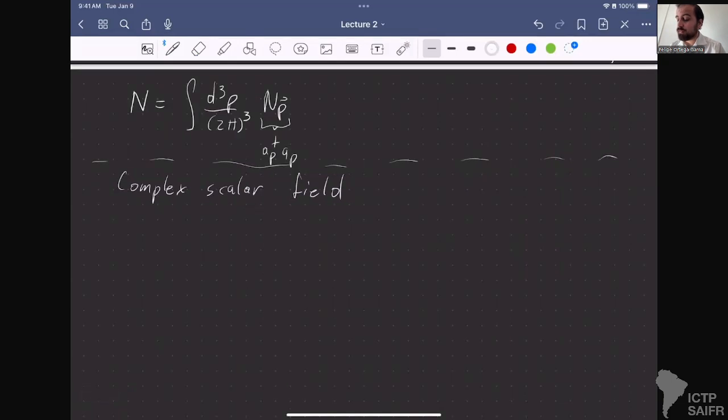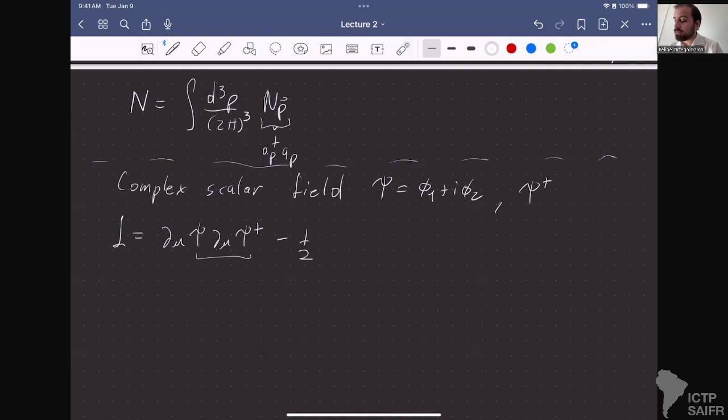And the Lagrangian of this new complex scalar field is going to be psi. We wish psi is equal to field 1 plus field 2. But we're going to work with psi and psi dagger. So your Lagrangian has to be real. So you can only have terms that are complex conjugate of each other.